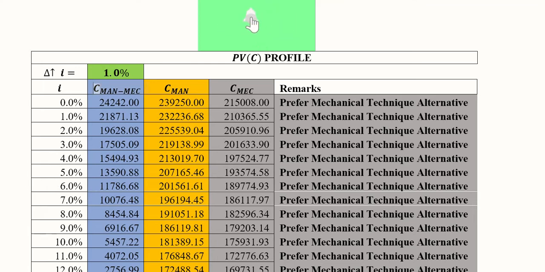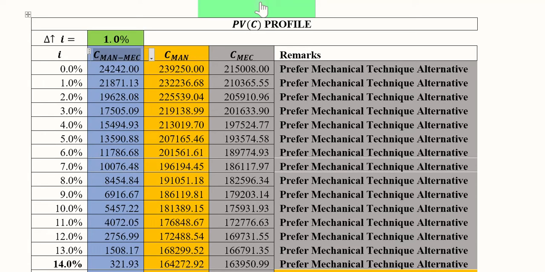And then we have the mechanical and the manual technique difference that we already calculated, and on the basis of that we have found the values of present value. This is the present value profile, not the NPV profile, because we are not calculating the difference of the benefits and the costs. It is simply the value of the costs in its stream that we are discounting and finding the present value.